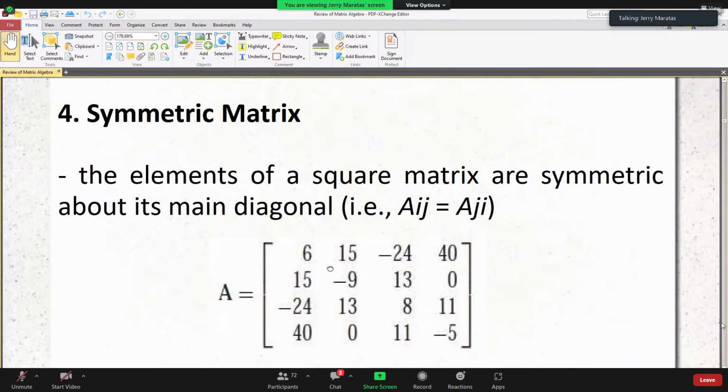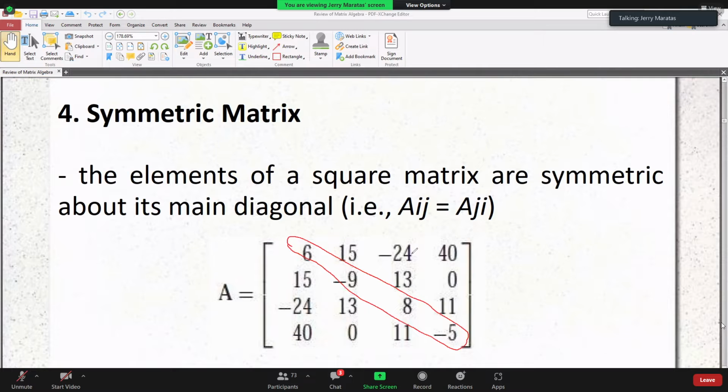Then another type, the symmetric matrix. If the elements of a square matrix are symmetrical about its main diagonal. Where is the main diagonal, by the way? This is a 4 by 4 matrix, and this one is the main diagonal. These are the elements of the main diagonal: 6, negative 9, 8, and negative 5.